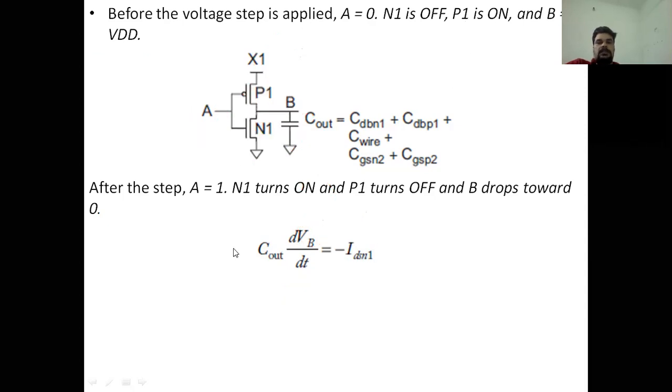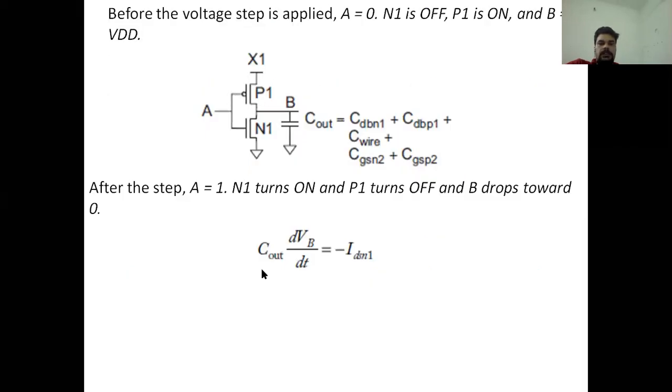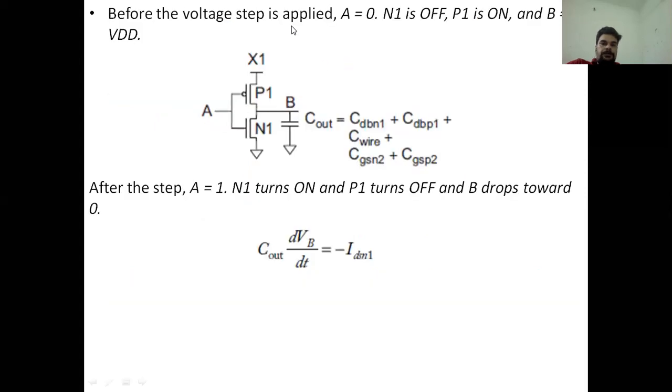That's what we discussed in the last slides. Now, how will you tell in which region the NMOS is working? When A is high, that is VDD, the value of VG, the gate voltage, will be equal to VDD.